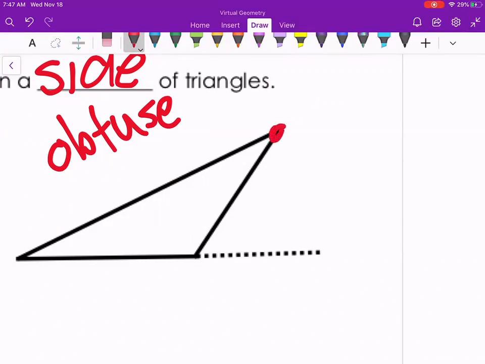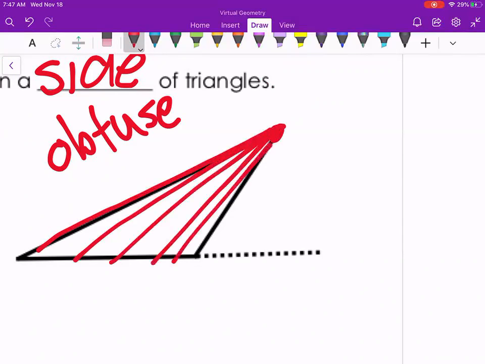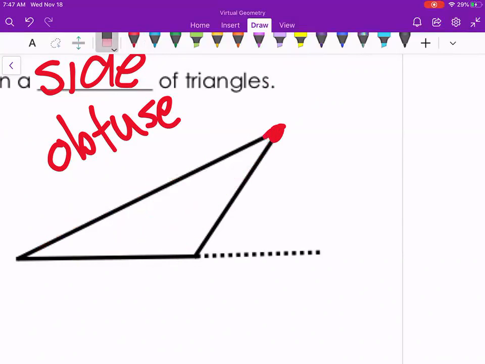Because no matter, let's say I start from this top one, no matter where I try to draw, I can't make a 90-degree angle inside the triangle. So this is where we get the idea of sometimes they can be outside. So we have what's called, down here at the bottom, that little dashed section is called an auxiliary side.